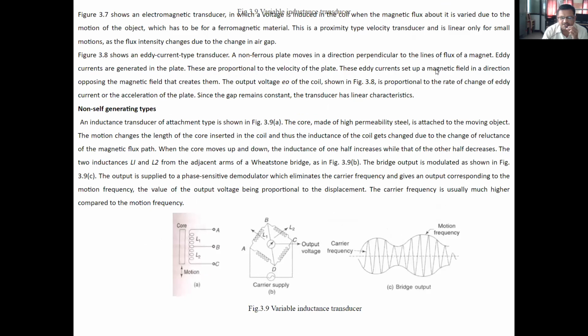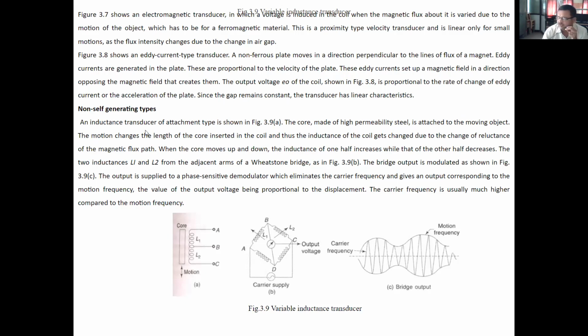See here, these eddy currents set up a magnetic field in a direction opposing the magnetic field that creates them. The output voltage E0 of the coil shown in figure 3.8 is proportional to the rate of change of eddy current or the acceleration of the plate. Since the gap remains constant, the transducer has linear characteristics.